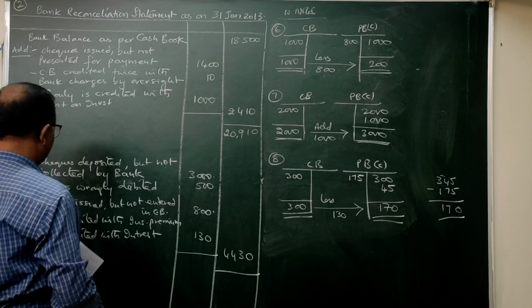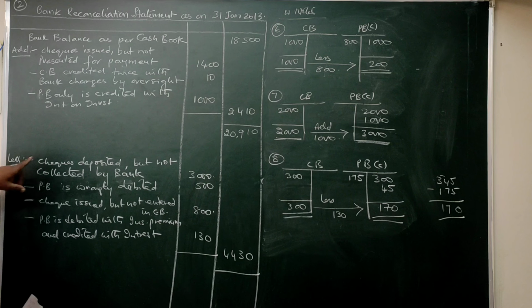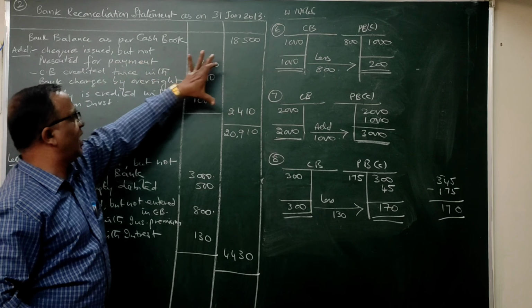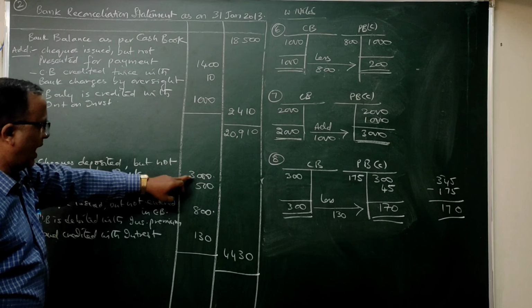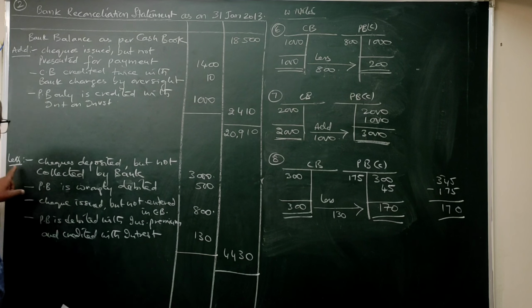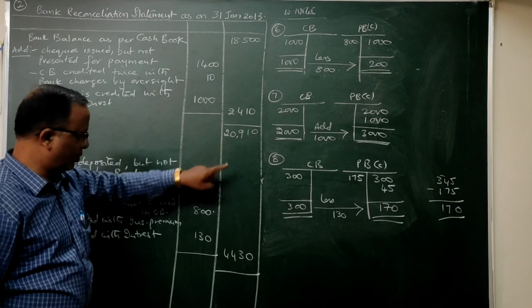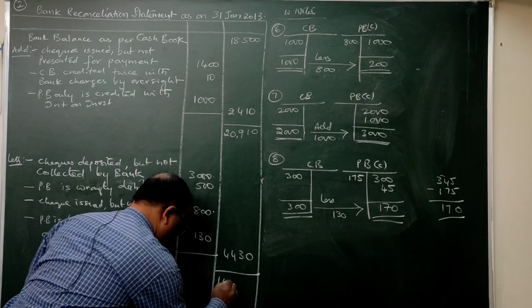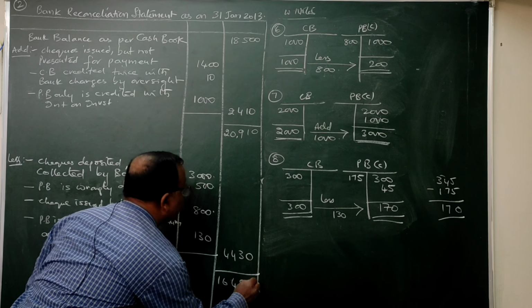This is less. These three we have added and posted here, and this is the total. Add these four, this is the total. This is less, so if you subtract this amount, you will get 16,480.